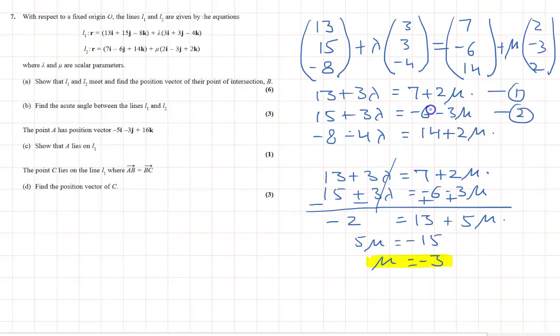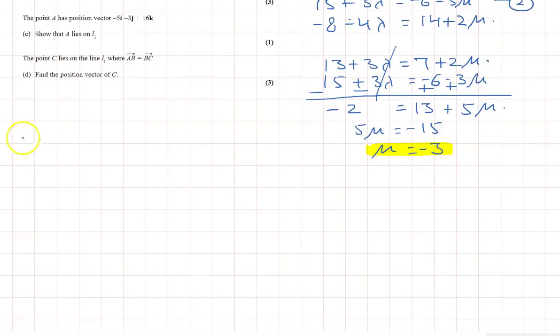Now we can put this in the equation. So we put this value, mu is equal to minus 3, in 13 plus 3 lambda is equal to 7 plus 2 mu.